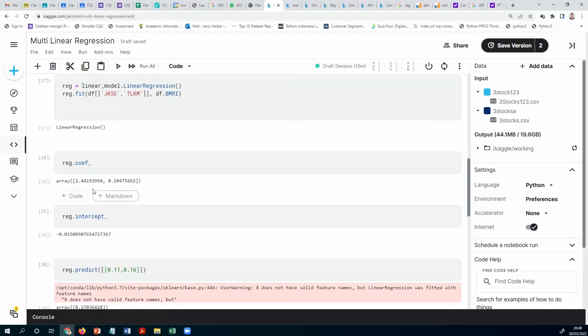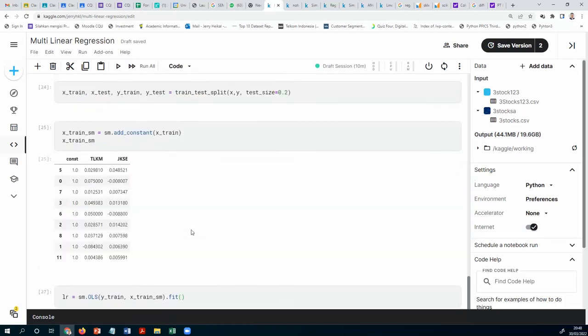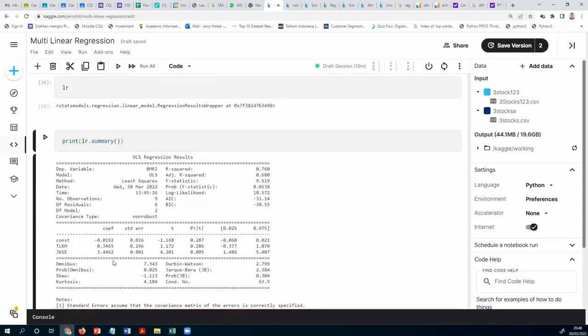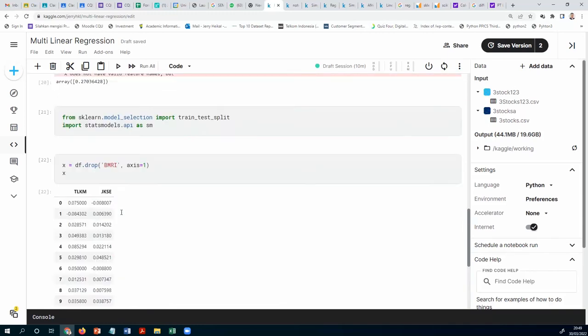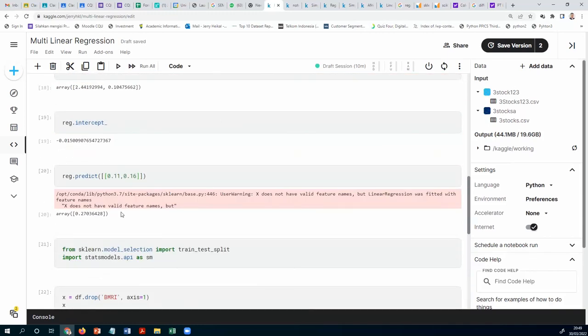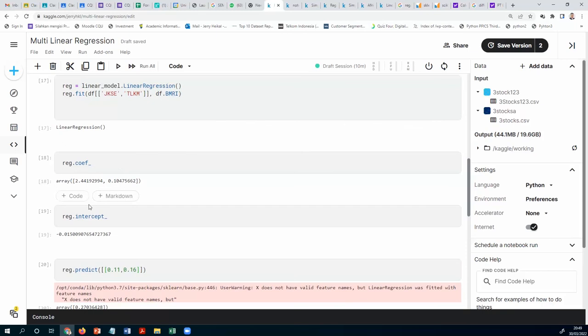So you can compare. This is 2.22, 2.44. What is it in here? The coefficient is 3.44 for the Jakarta Stock Exchange. It's kind of different, because this one uses training and testing. The previous one did not use training and testing; all data was used as training data. Maybe higher, maybe not, depending on the number.